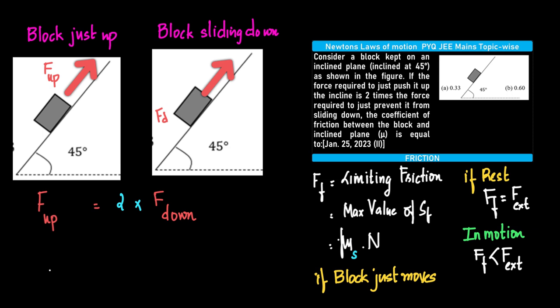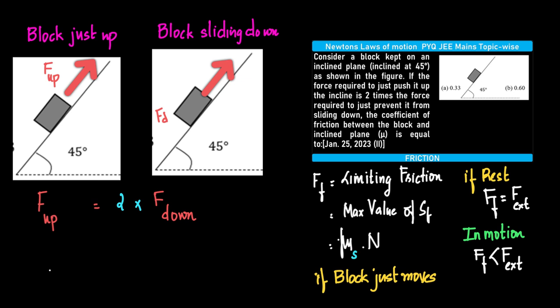Why? Because we know that if the block is just moving, then the value of the frictional force would be equal to the limiting friction, or otherwise the maximum limit of static friction, and is numerically equal to the product of the coefficient of static friction times the normal reaction, right? Okay. Now, if the body is at rest, it means that the value of friction is equal to the applied external force.